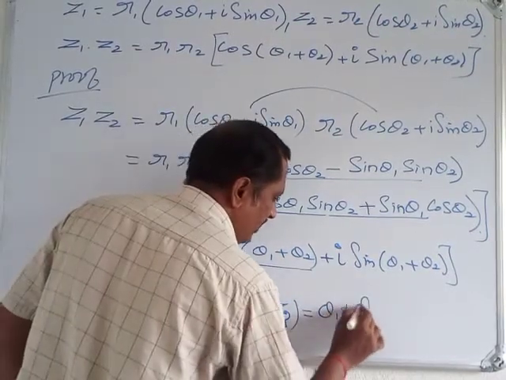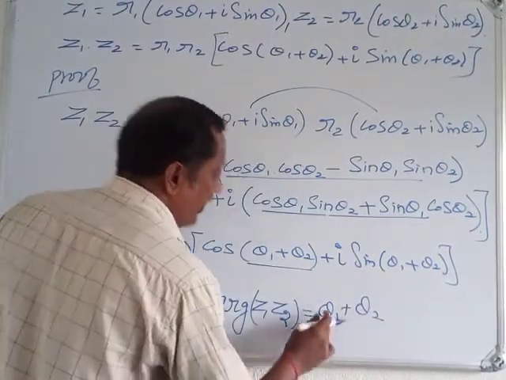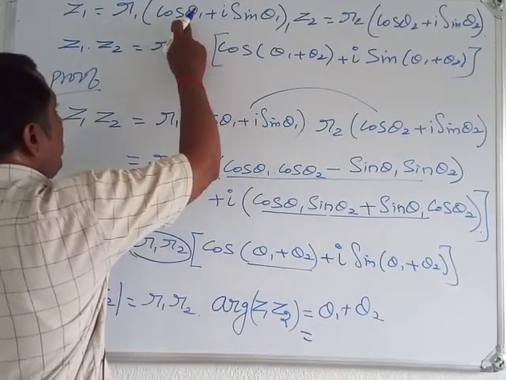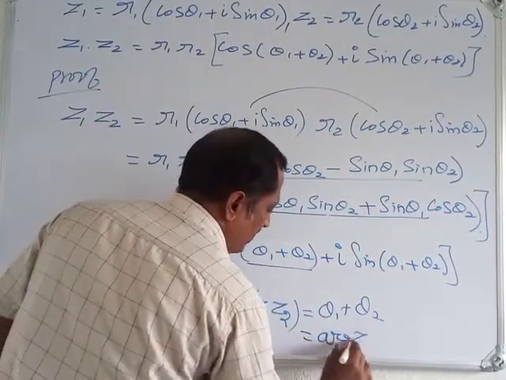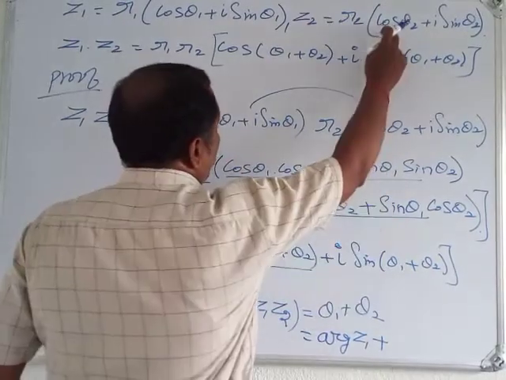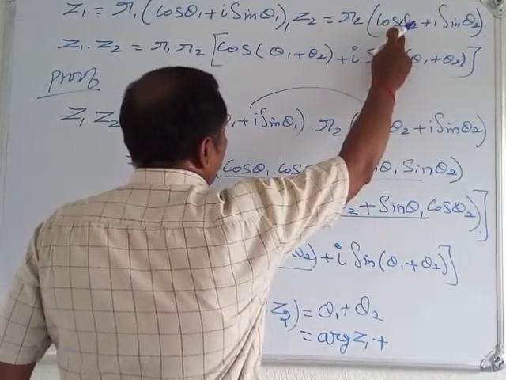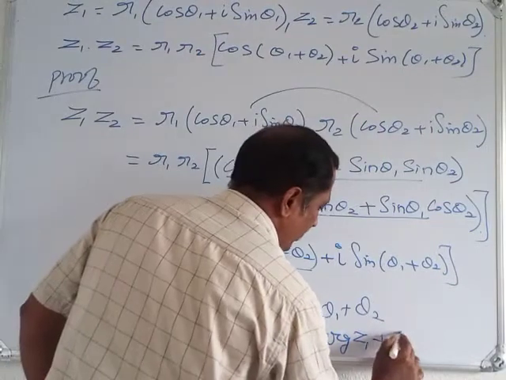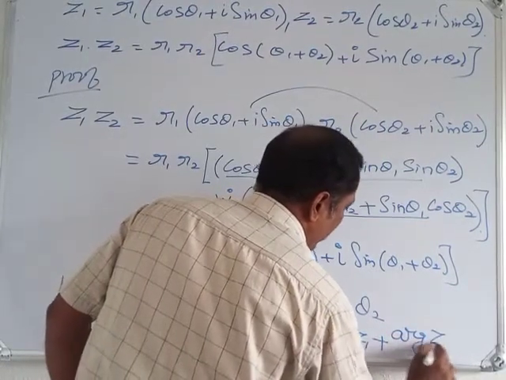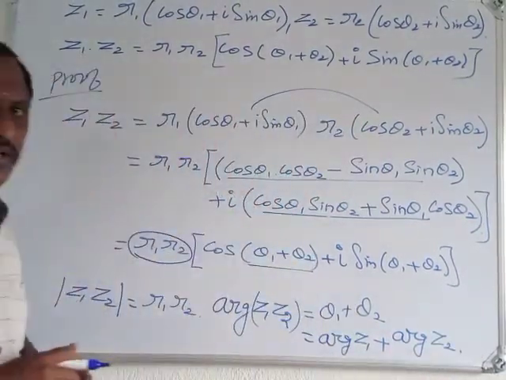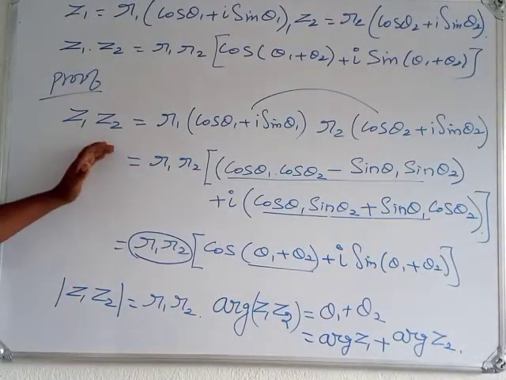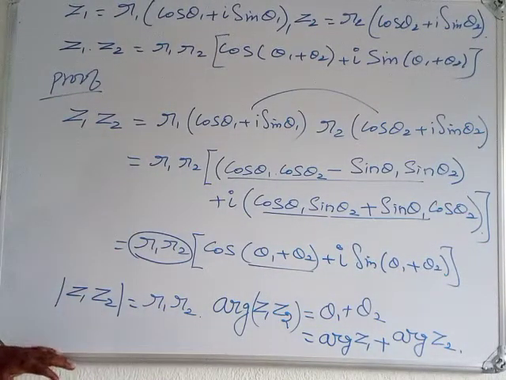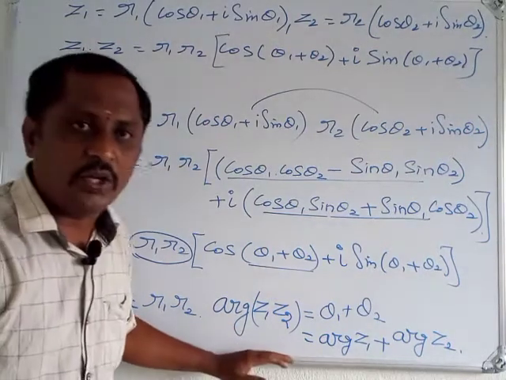Theta 1 plus theta 2. So theta 1 means the argument of the first complex number, that is argument of z1, plus theta 2, which is the argument of the second complex number, that is argument of z2. This is the proof for z1 into z2, where we get the magnitude or modulus value and also the argument value.